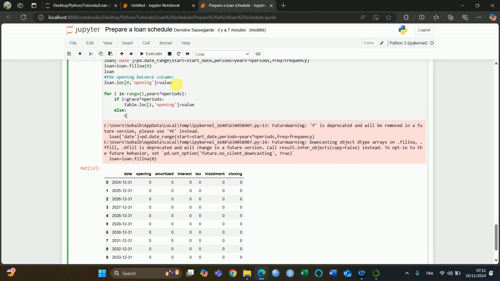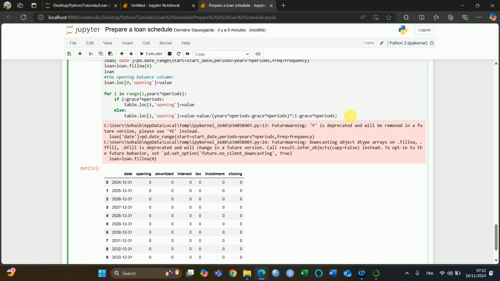Otherwise, else loan.loc[e, opening] is equal to the value minus the periodic amortization, which is value divided by the years multiplied by the number of periods minus the grace multiplied by the number of periods, which means the amount will be amortized from the end of the grace period, and the number of years will be the years remaining from there on, and multiplied by e minus grace multiplied by n periods.